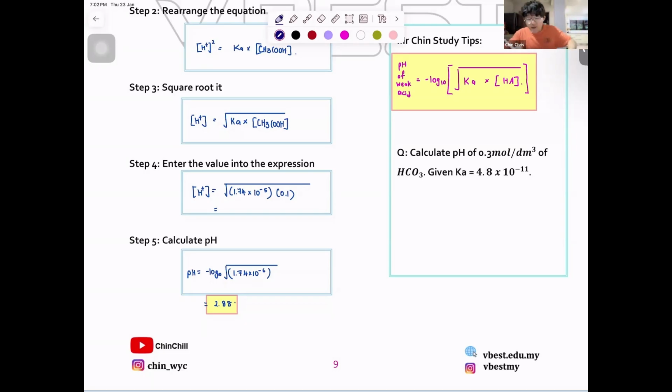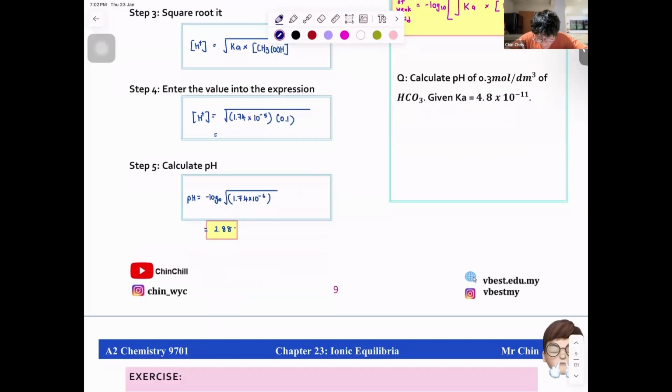Okay, so my pH is negative log base 10 of the square root of 4.8 times 10 to the power of negative 11 multiplied by 0.3, right? So if my answer is right, I have no calculator now, 5.42. Is that right?